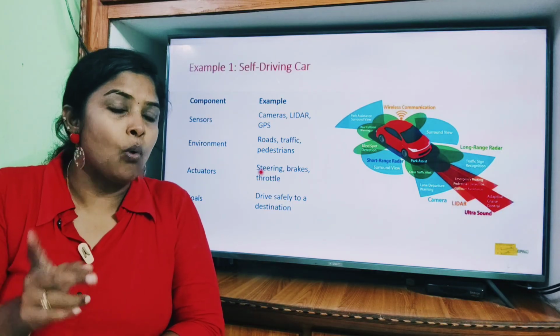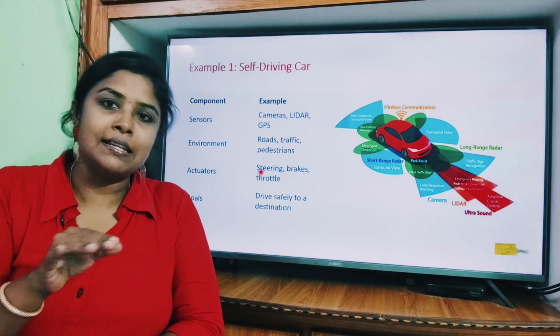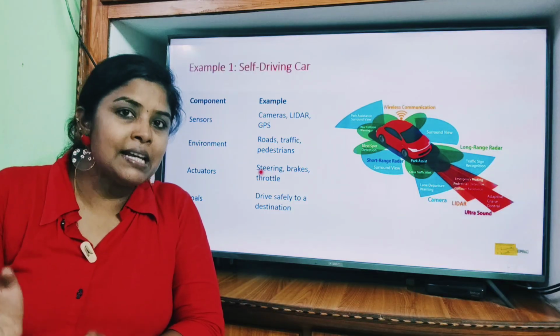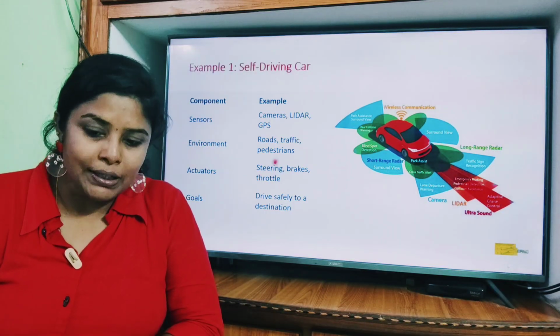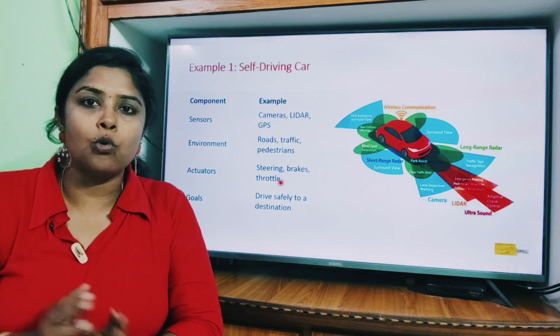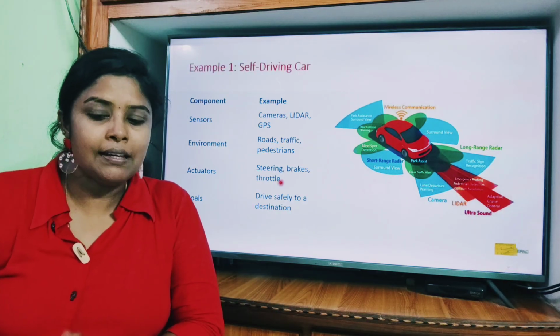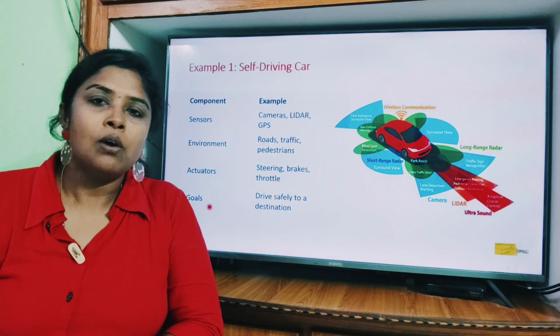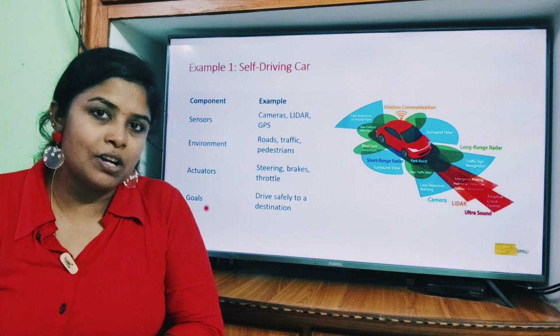So through the brake, what action is happening? The car is coming to a standstill, right? In the same way, through the steering control, we are able to rotate the car to the left side and right side and control the movement of the car. So steering is also one of the actuators. Then coming to the goals. What is the main goal of my self-driving car?